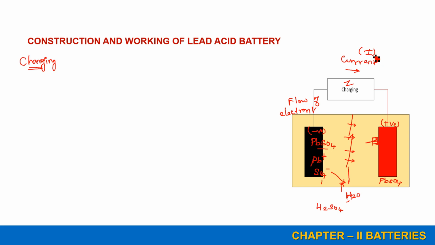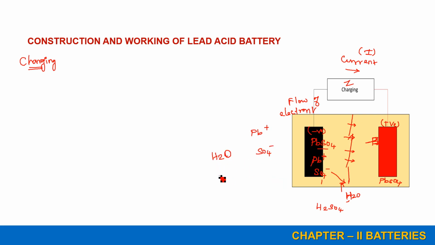So during the charging condition, you are giving the power supply to the battery. If your charge enters into the battery, the lead sulfate will be separated into lead as well as sulfate. Here water is a weak solution.